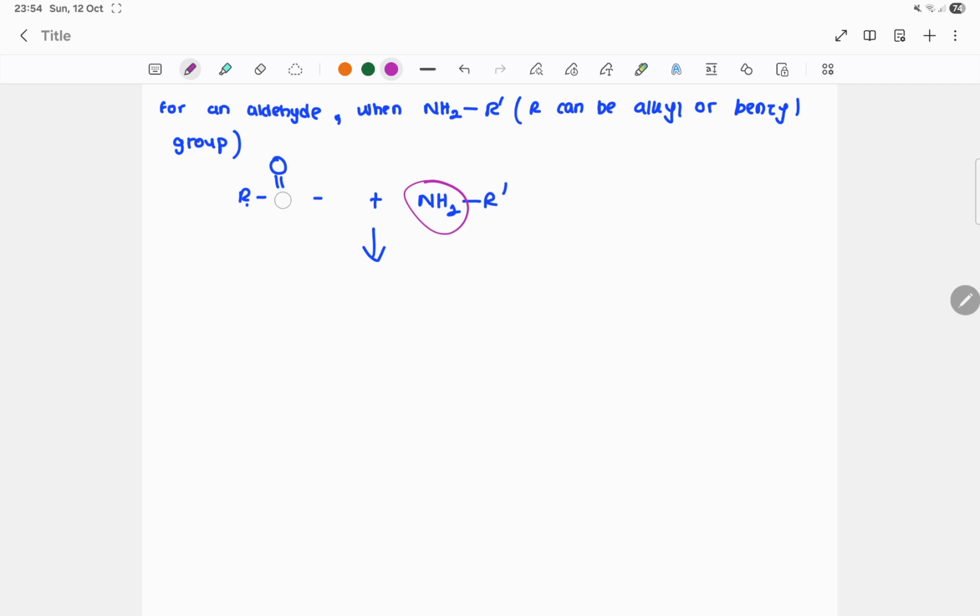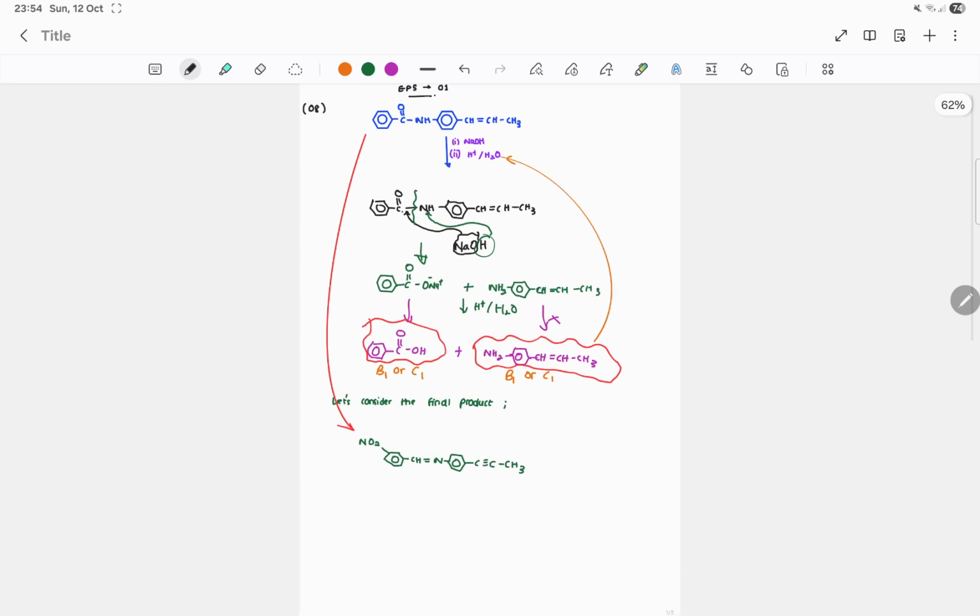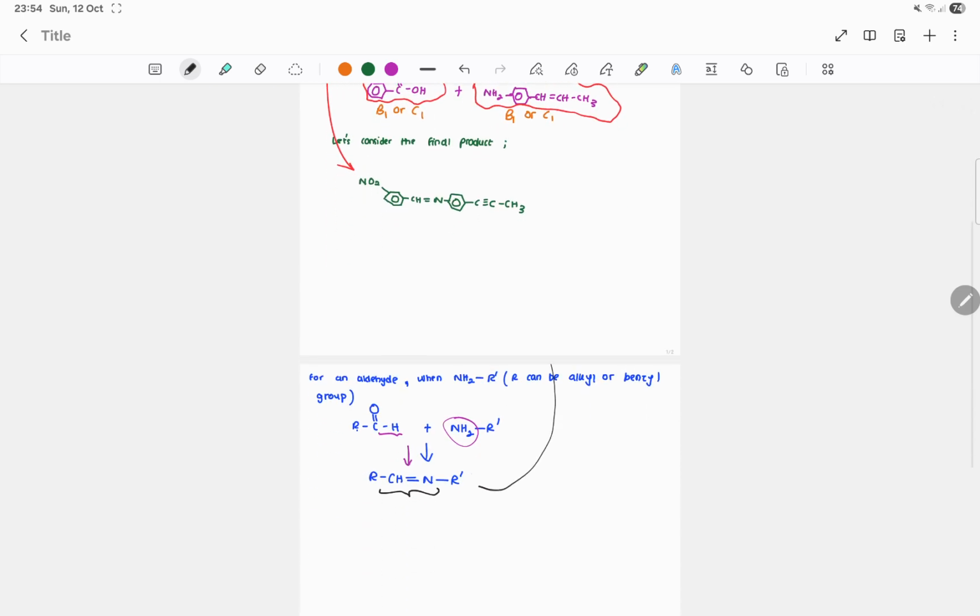So finally now we have this one. In order to get this, you can see this is similar to this one.